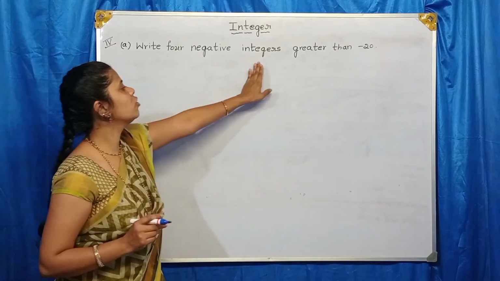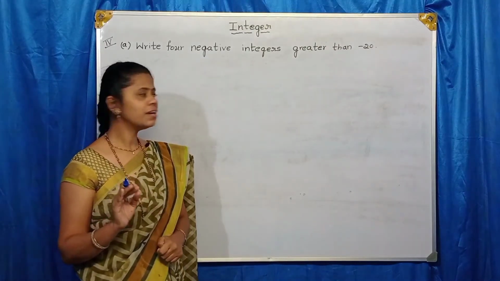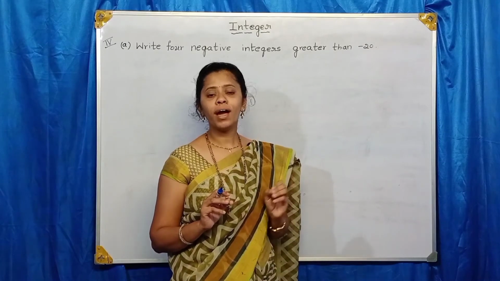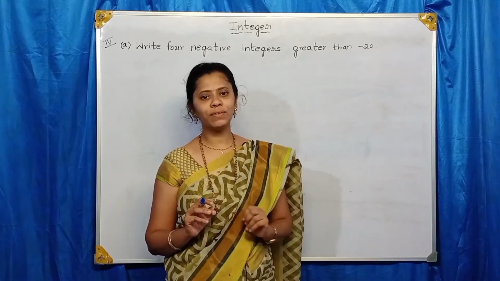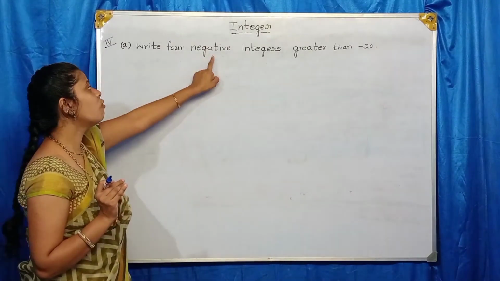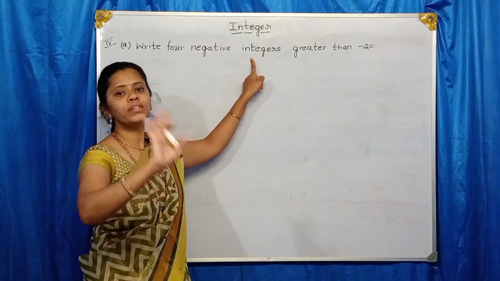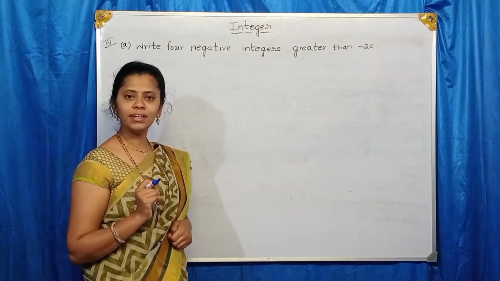Write 4 negative integers greater than minus 20. See here, they have given minus 20 and you have to write 4 integers greater than minus 20. But see here, one instruction is given: 4 negative integers. You know that all the positive integers are greater than negative integers, isn't it?